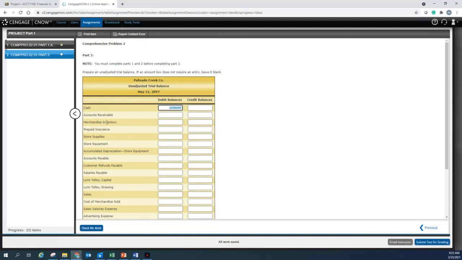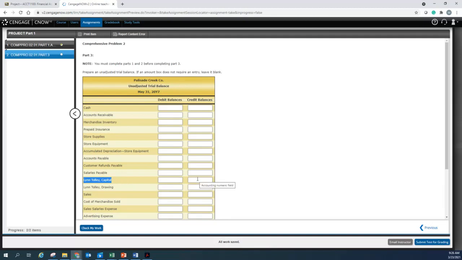Next, accounts receivable, merchandise inventory, and remember, these assets have to be on the debit side. Accounts payable, the normal balance will be on the credit. Payables on the credit. Capital, credit or debit? Capital account, you will have a normal balance on the credit or debit side?